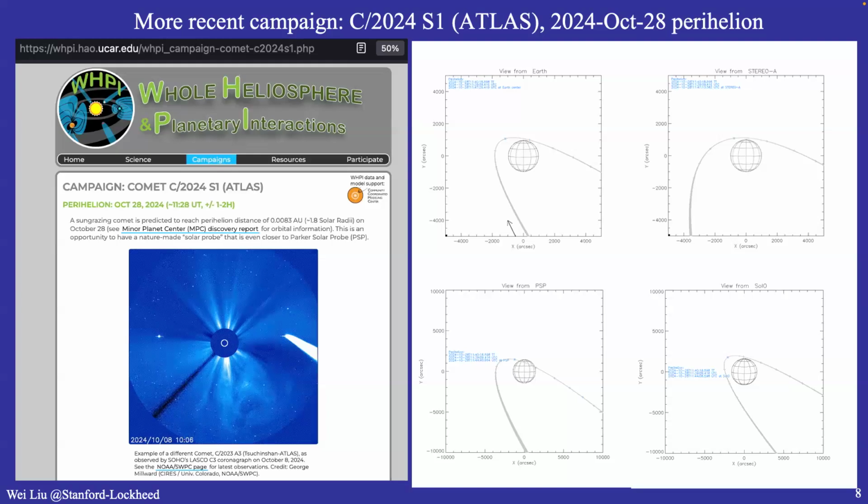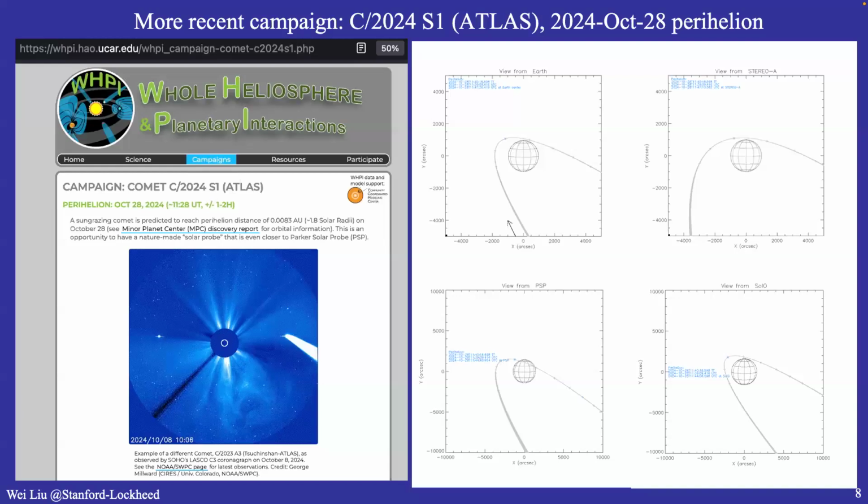More recently, last year, we got a new comet back in October. There's another one that potentially can make it very close to the corona, and we made a very big team to do this coordination. This is the orbit projection onto different assets: PSP, Solar Orbiter, Earth, and other locations.